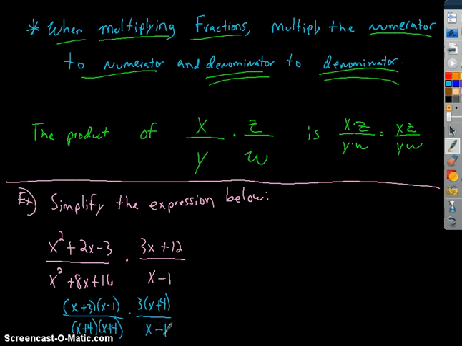So all this stuff gets multiplied together across the numerator. This is now (x + 3) times (x − 1) times 3 times (x + 4), divided by (x + 4) times (x + 4) times (x − 1).